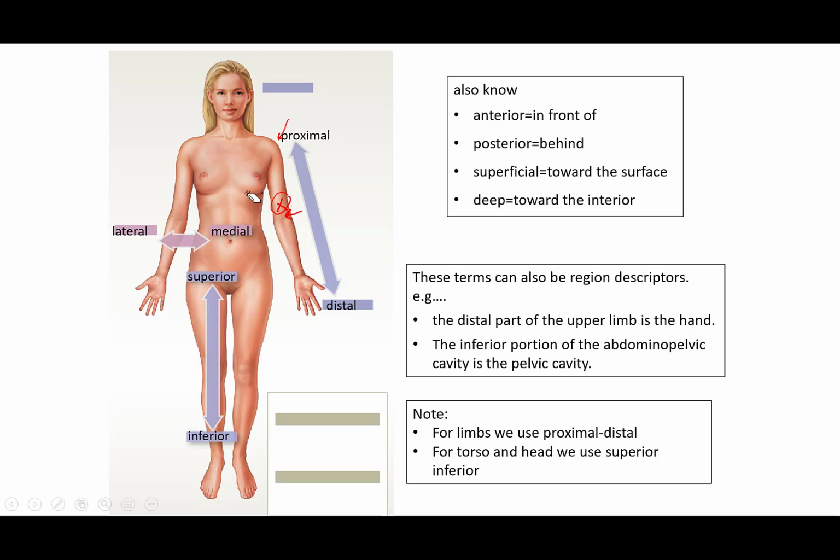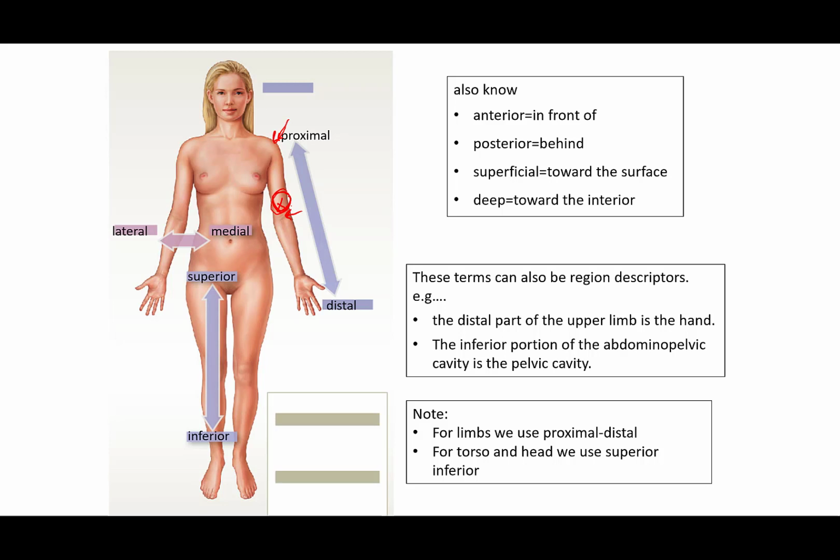If you want to use the term distal, then you have to say distal to the acromial. Because if you compare to the shoulder or the acromial here, the wound is definitely further away from the body or the head.